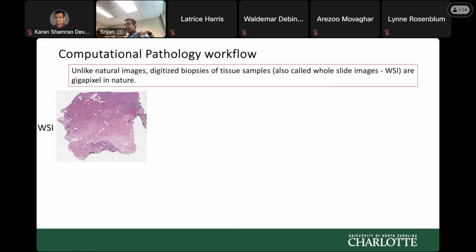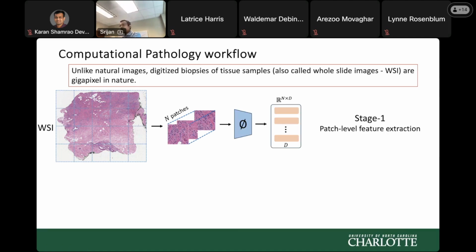They are gigantic images with gigapixels, and you cannot take the entire image and send it to a neural network. So we decompose them into non-overlapping patches. Each WSI is decomposed into n patches, and each patch is sent to a feature extractor, which can be some sort of deep neural network, and for each patch we get a feature.